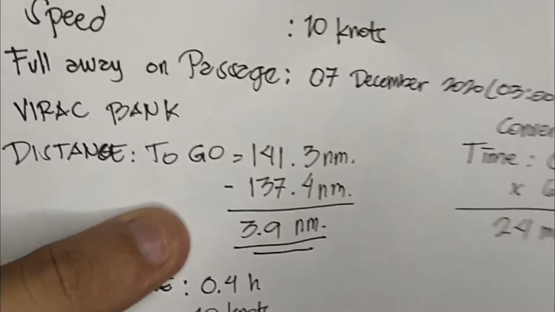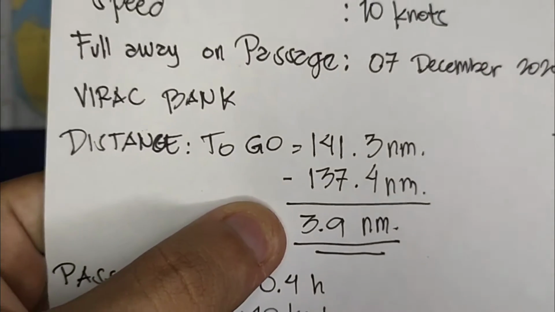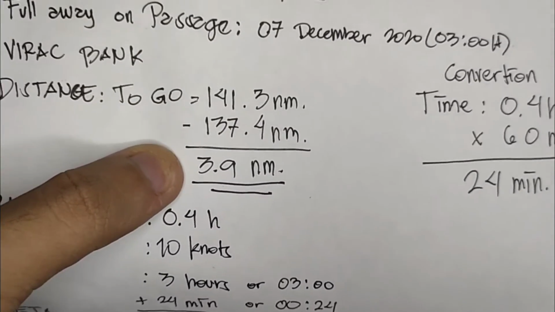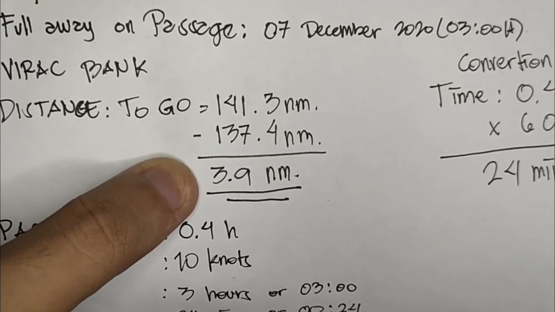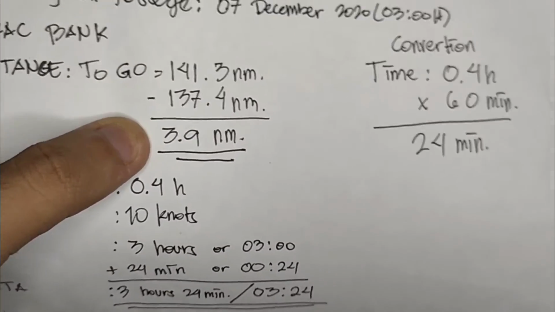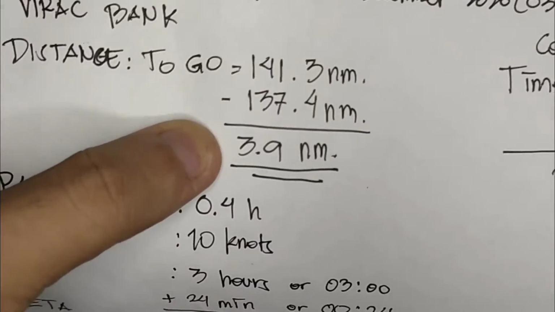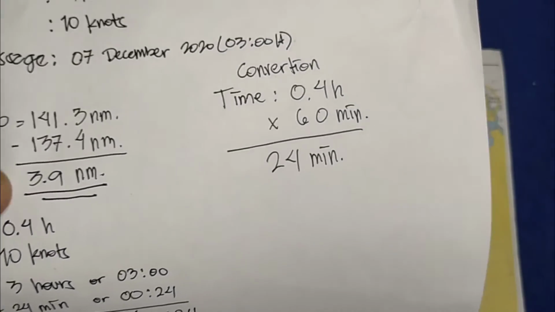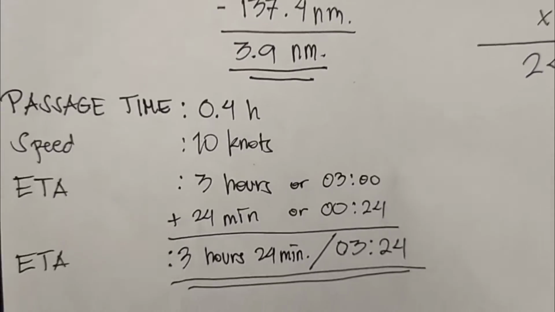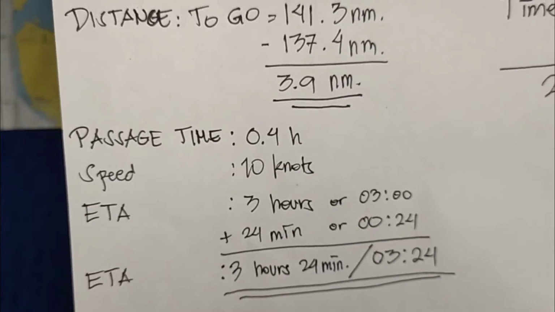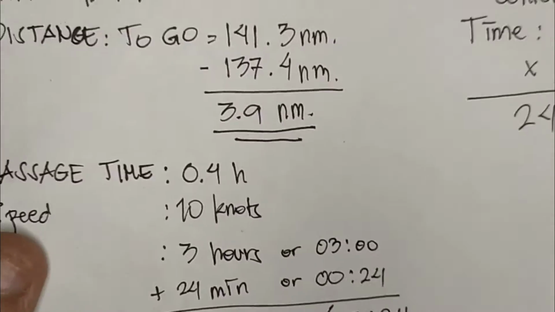For the Virac Bank, to calculate the to-go distance, we need to subtract 137.4 nautical miles, which is on the table, from 141.3. So we'll have 3.9 nautical miles. This will be the distance for the Virac Bank.